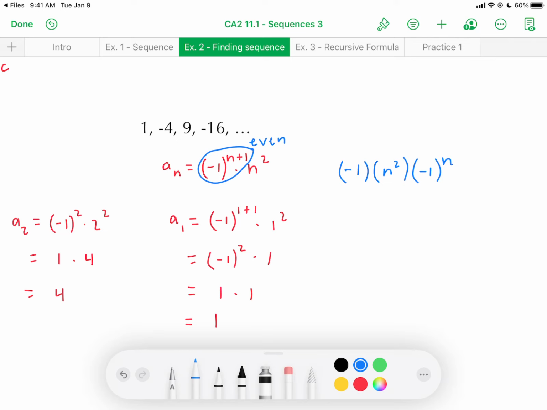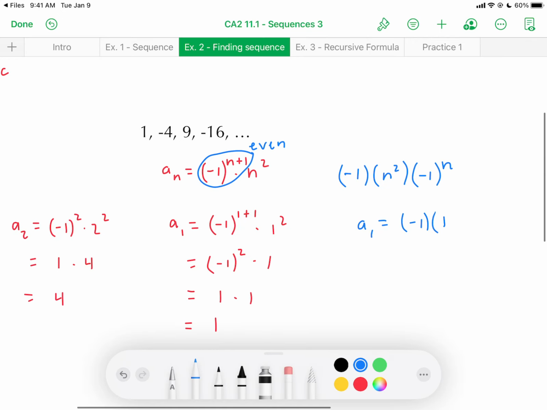Let's see. So that would be a sub 1 would be -1 times n squared, or 1 squared, times -1 to the first. So that's -1 times 1 times -1, which is going to end up being 1. So that will work.